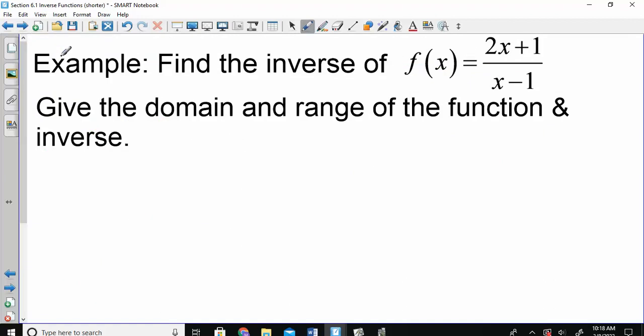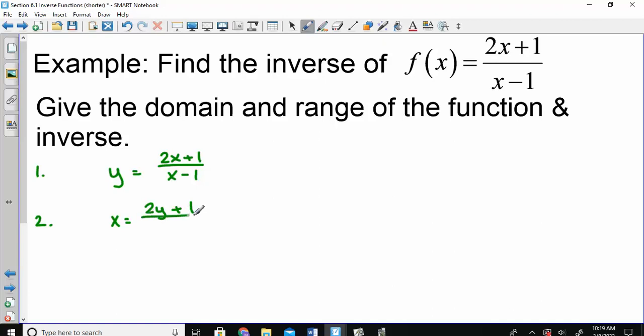Okay. Let's do another. So step 1, instead of f of x, we write y. Step 2, we do what? Change the x one. So this y becomes an x.